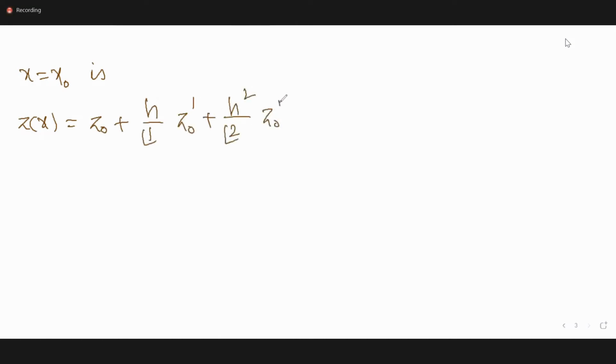What is the expansion? z of x is equal to z naught plus h by 1 factorial z naught dash plus h square by 2 factorial z naught double dash plus h cube by 3 factorial z naught triple dash plus h power 4 by 4 factorial z naught fourth derivative plus so on.